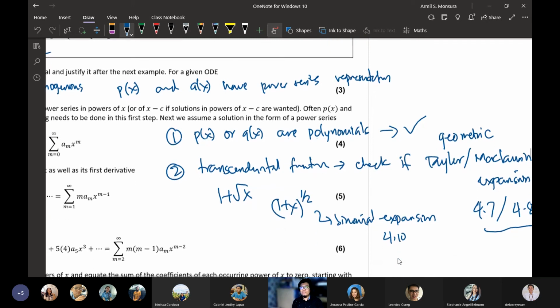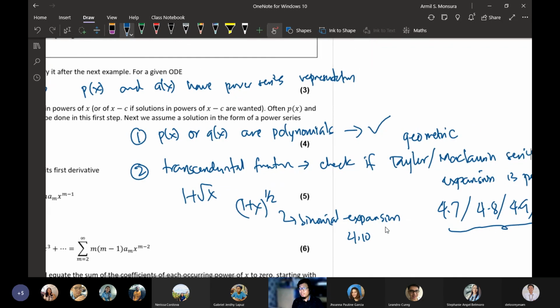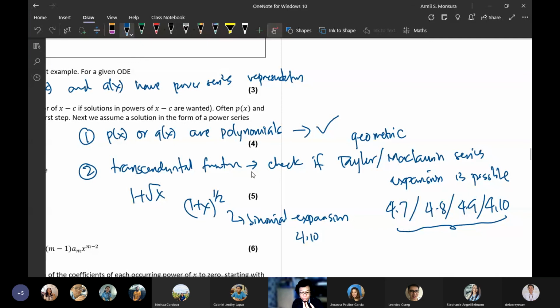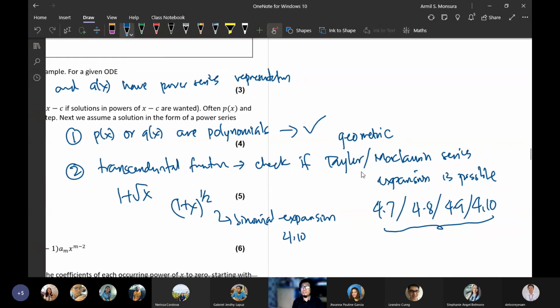So, non-polynomial functions, meron siyang power series representation. Mga transcendental functions na commonly used are merong available na Taylor or Maclaurin series expansion.